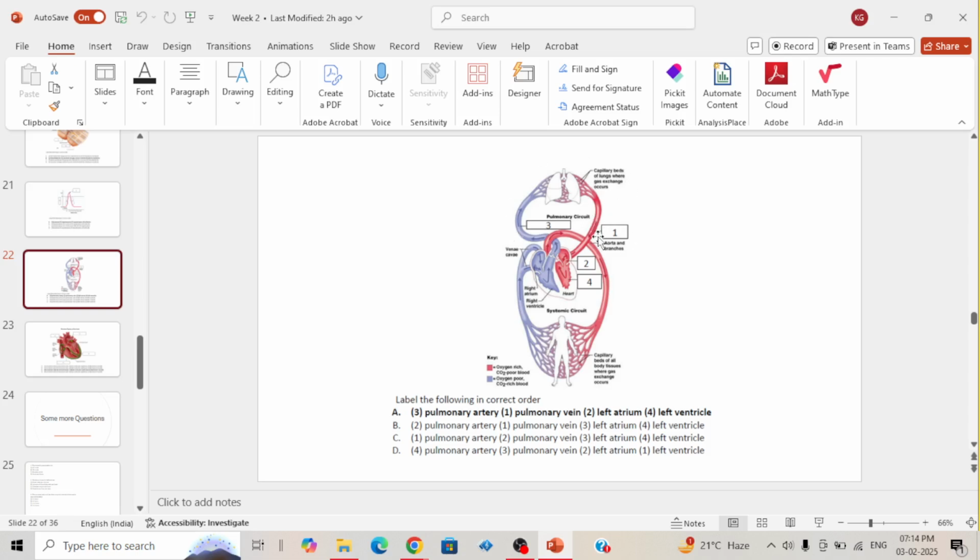Sorry, I was wrong. The one who said it to be pulmonary vein was right. The vessel that is bringing blood from lungs to heart is a vein. So this is pulmonary vein and this is a pulmonary artery.